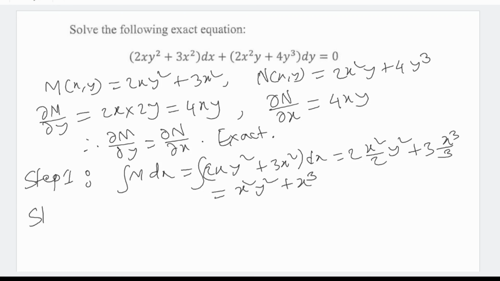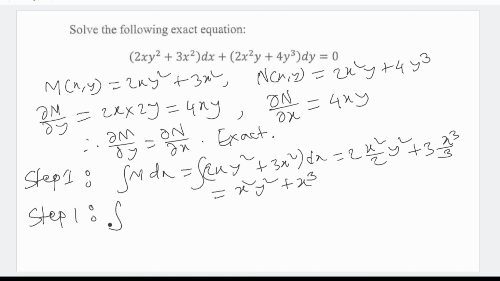In step 2, we have to see which term is free from x in N. Now in N, we can see these terms have x, so you don't need to take these terms. So take the term without x. We have to integrate this with respect to y.